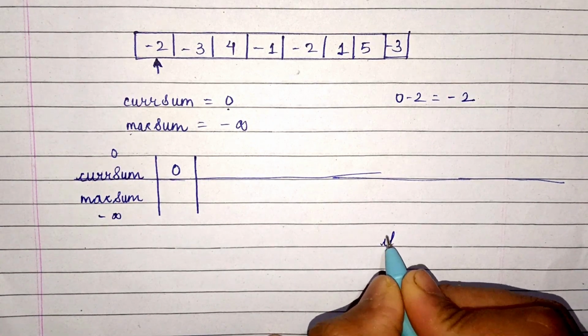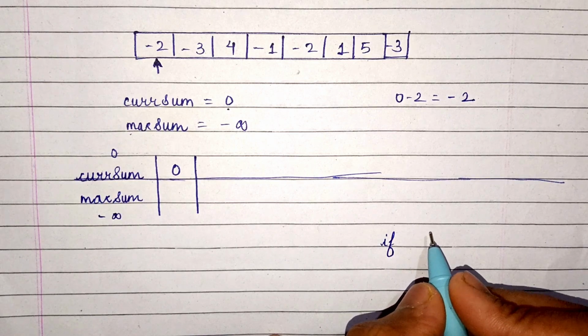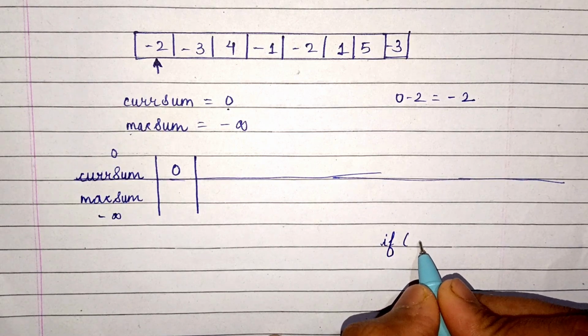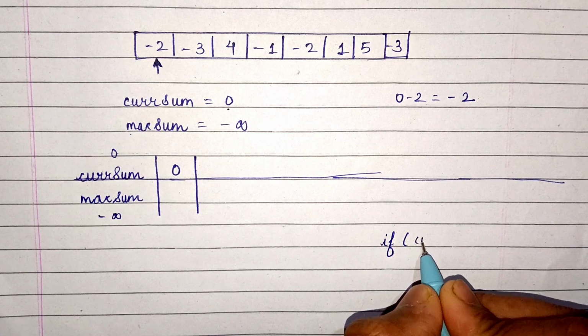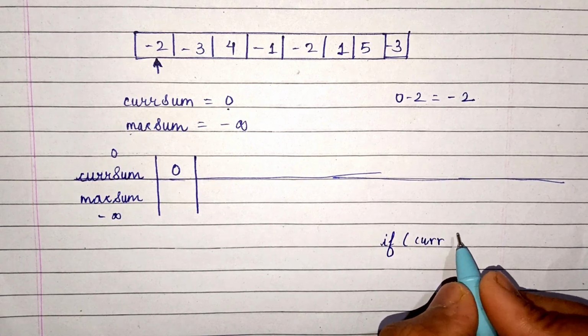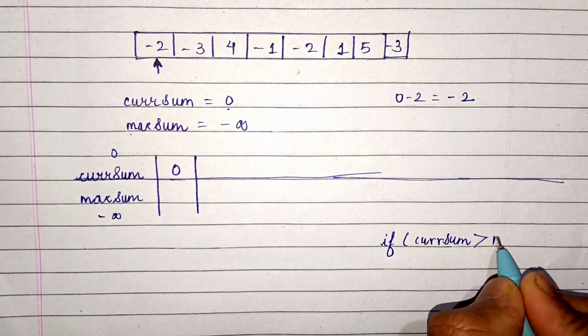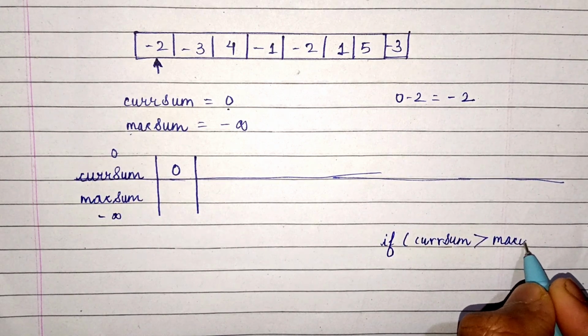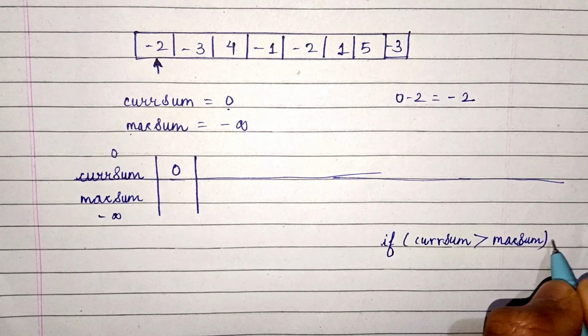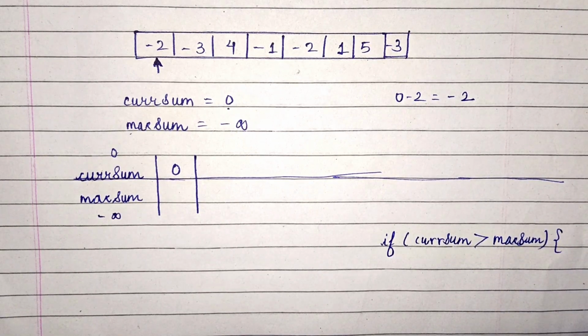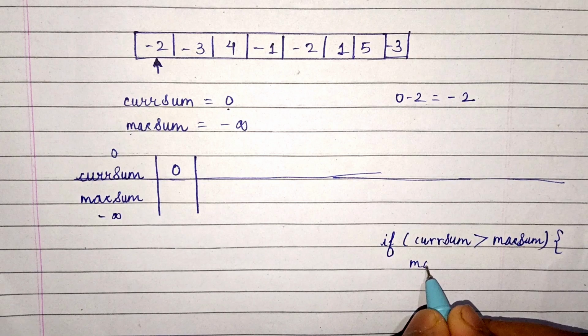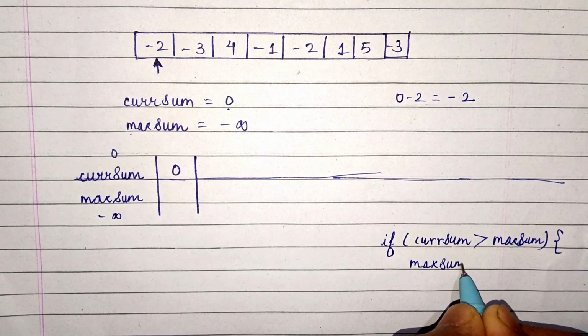If current sum is greater than maximum sum, then maximum sum will be current sum.